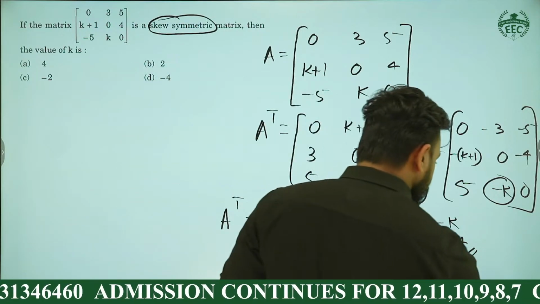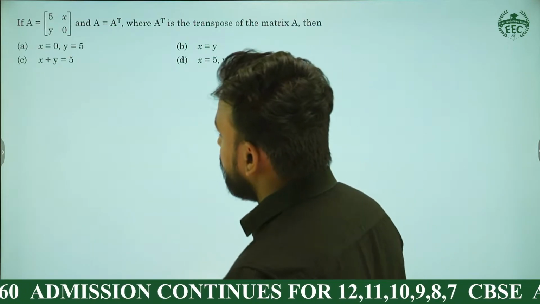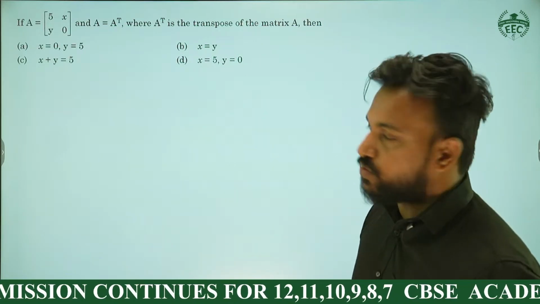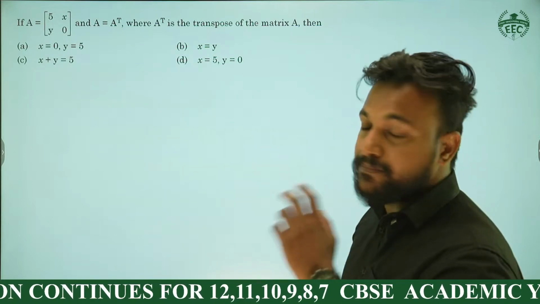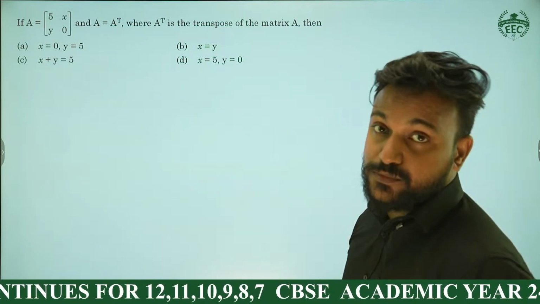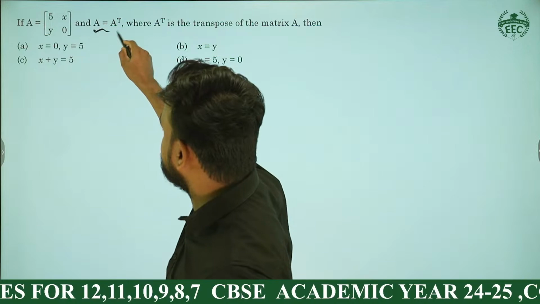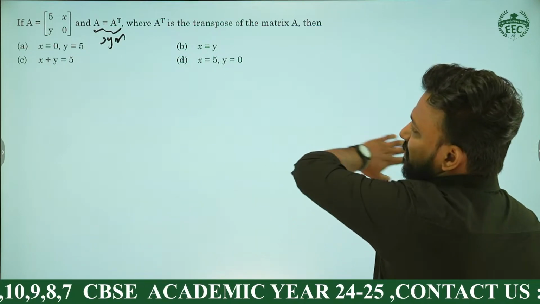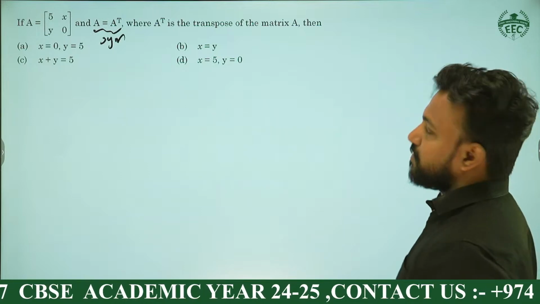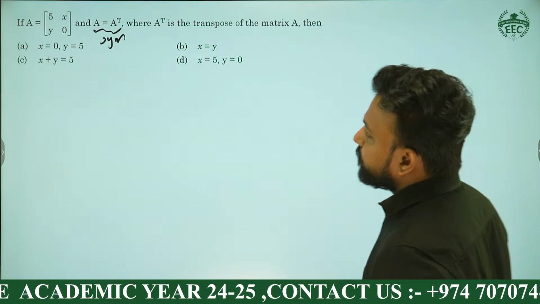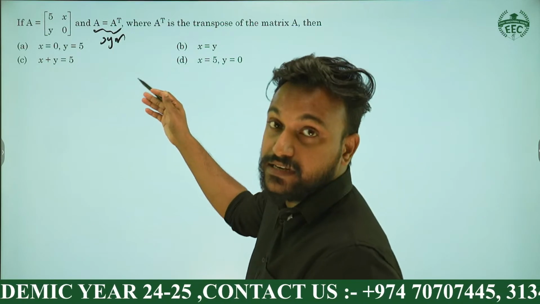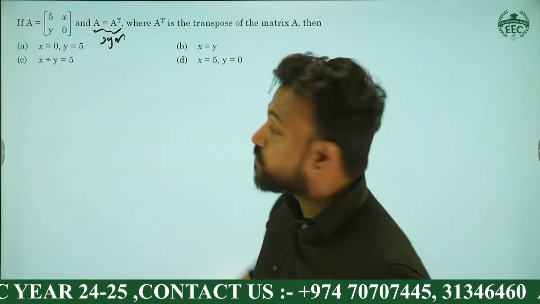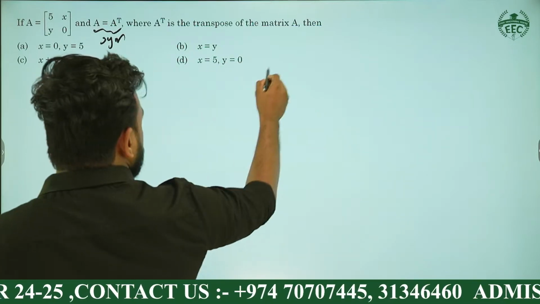Ready? The next one. If A is equal to, they have given you a matrix, and A is equal to A transpose. That means it's a symmetric matrix, where A transpose is the transpose of the matrix A. We don't want that actually, because we know what A transpose is. And then we want to find a relation that relates the x and y here. So here, look at it.